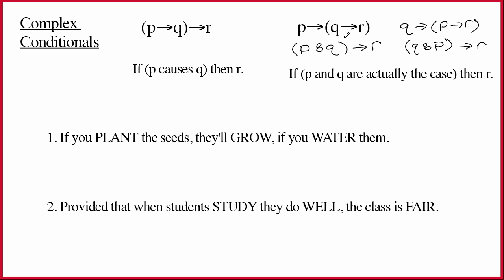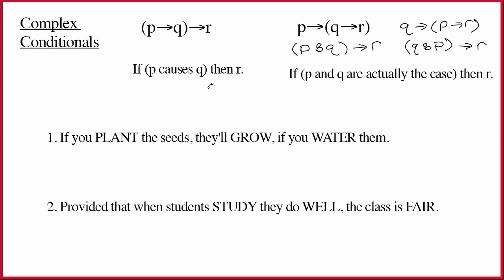When you say if then in English, it oftentimes implies a temporal sequence, but arrows do not imply a temporal sequence. And so whether you have P arrow Q arrow R or Q arrow P arrow R, you have the same final consequent, and that's what's important. So all four of these formulas are equivalent to each other.